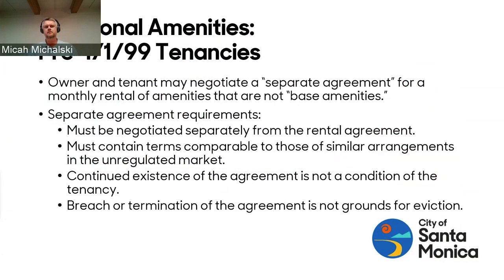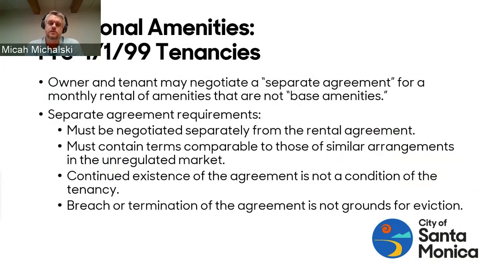So for these pre-January 1st, 1999 tenancies, the owner and the tenant may negotiate a separate agreement for the monthly rental of amenities that are not base amenities, that were not originally included. Separate agreement requirements: it must be negotiated separately from the rental agreement. It must contain terms comparable to those of similar arrangements in an unregulated market. Continued existence of the agreement is not a condition of the tenancy.